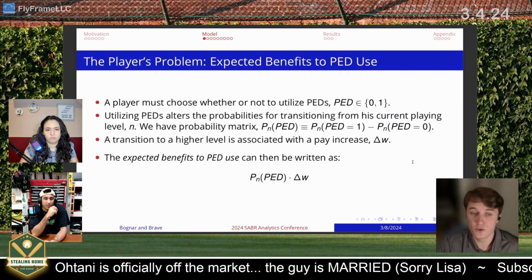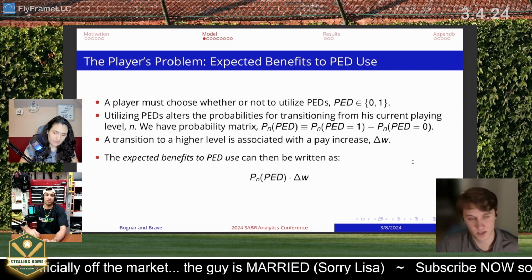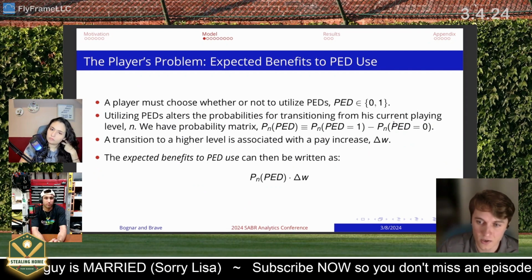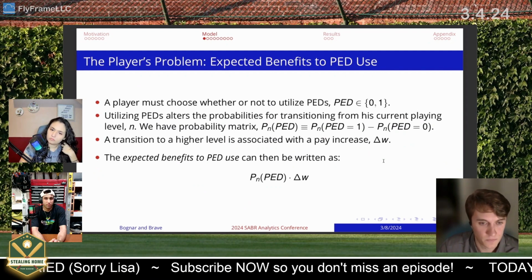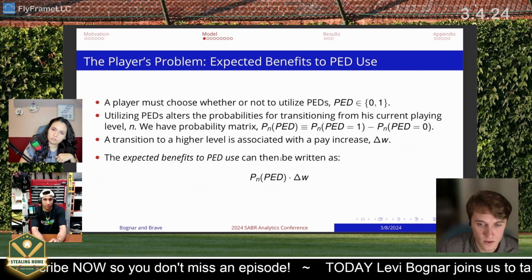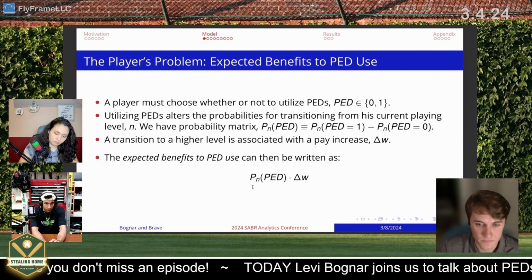Of course, if you do get promoted to the next level, that's associated with a higher salary, and that pay increase we highlight through this delta W. And so the expected benefits to PED use can be written down right here.